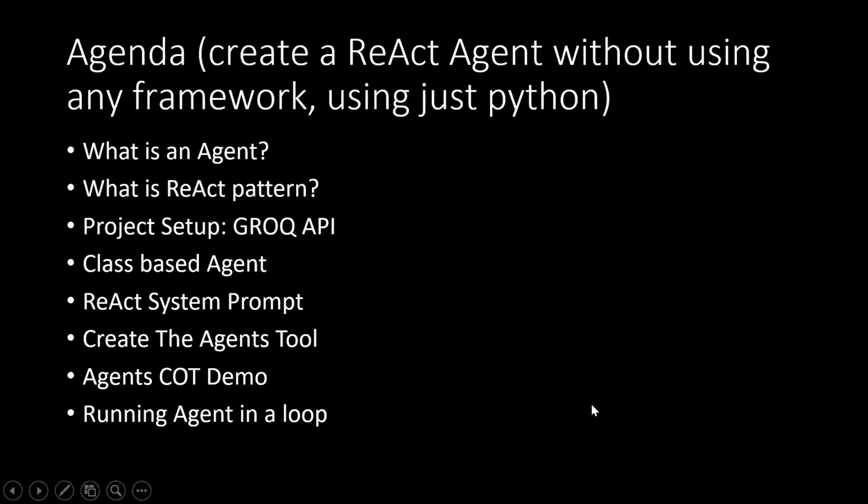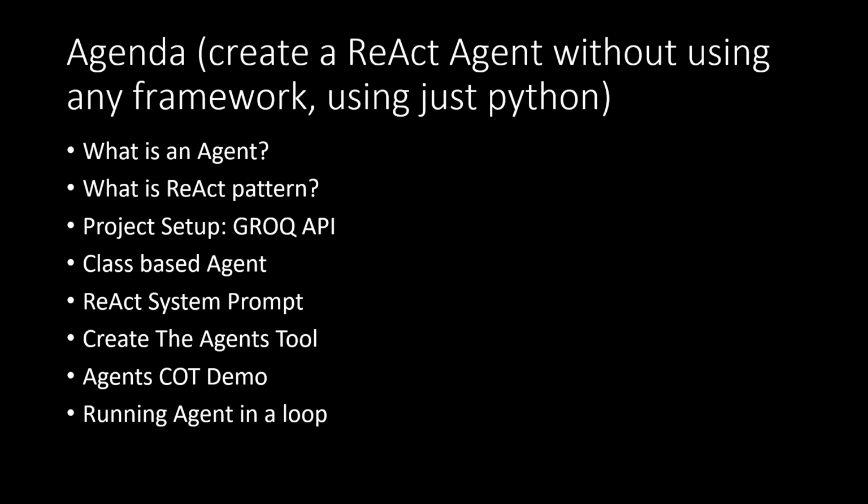So what we are going to see today: number one, what is an agent basically? And there is something called the ReAct pattern, right? We will not go very deep into saying the agent is making use of memory, it's learning, reinforcement learning, all those things. Rather, we will start with the basic things and try to build something and then observe.